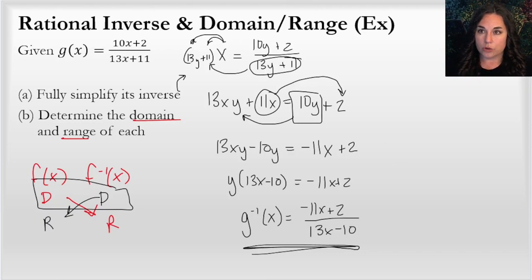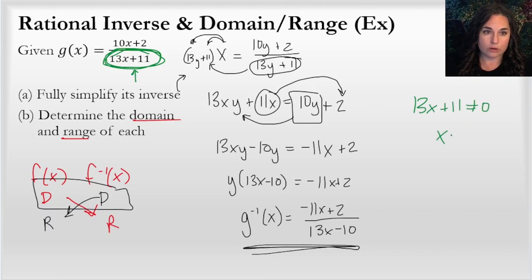Okay, so when I look at the original function, I'm going to have a limited value of x due to that. 13x plus 11 cannot equal 0, so x cannot equal negative 11 over 13. Doing algebra in my head.